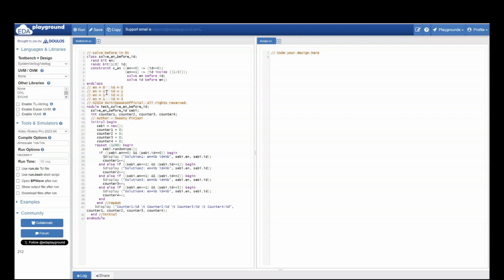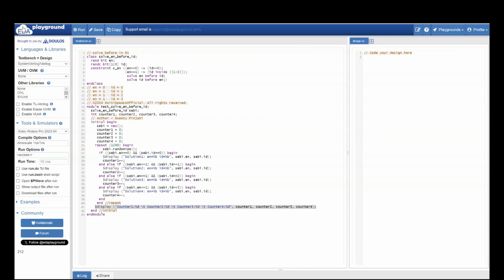For all these four solutions, which are enable equal to 0, id equal to 0; enable equal to 1, id equal to 1; enable equal to 1, id equal to 2; enable equal to 1, id equal to 3, we have four different solutions. For each solution, I am going to display the value of enable and id, and increment the respective counters. Finally, we are going to display these counters. Now let us run this example.